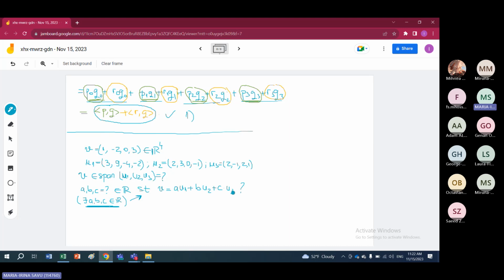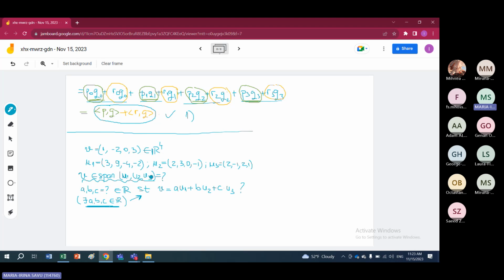Let's see what happens in this case. If you take this plan and U1, U2, U3 are independent, you will have a unique writing.